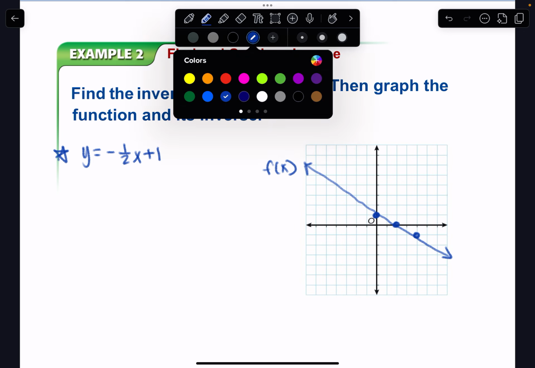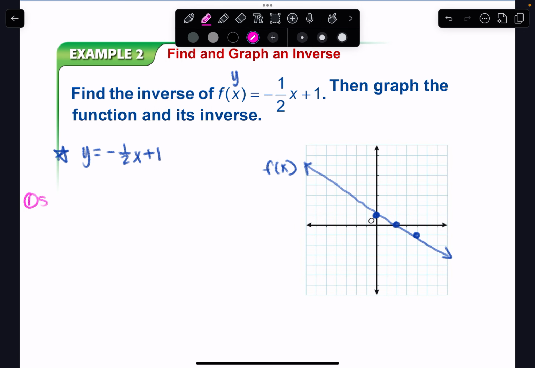So your first step is to swap the x and y in your problem. What I mean by that is your y is going to become x, and your x is going to become y. So I'm going to change this to x is equal to 1/2 y plus 1. Then from here, your next step is to solve for y. So I need y by itself.